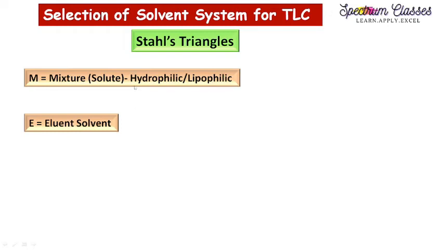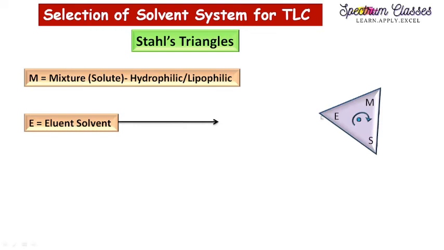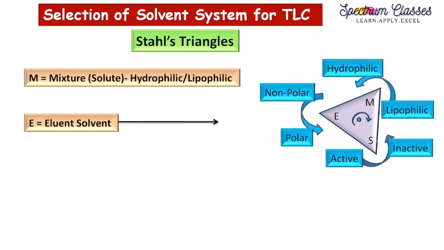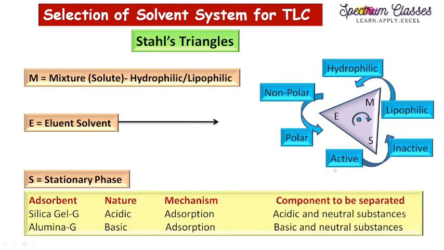Once we know the nature of the mixture, we can decide the solvent system, which is also known as eluent. This solvent system can be decided by this triangle. Here E stands for eluent, M stands for solute or mixture, and S stands for stationary phase. Stationary phase we have already discussed: silica gel and alumina for acidic and basic component separation.